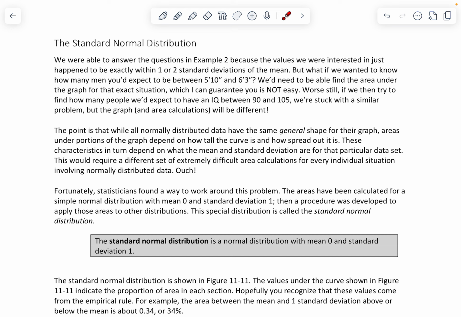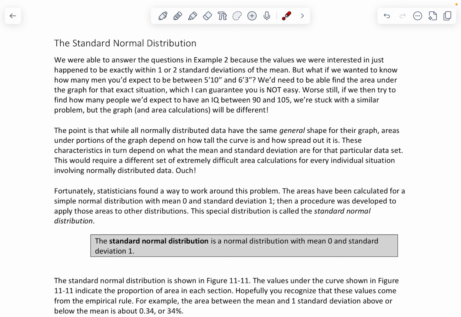But what if we wanted to know how many men you would expect to be between 5 feet 10 inches and 6 feet 3 inches? We would need to be able to find the area under the graph for that exact situation. These endpoints of this interval are not within an exact 1, 2, or 3 standard deviations of the mean. So that makes it difficult to find the area.